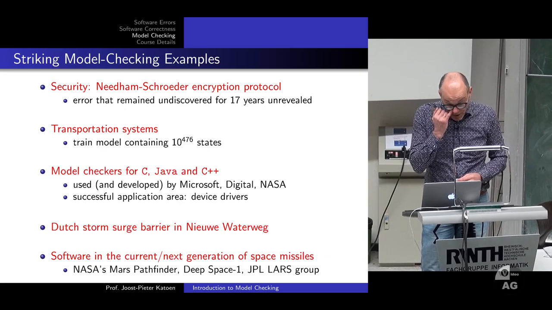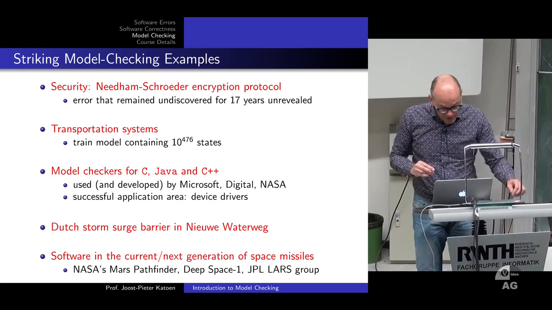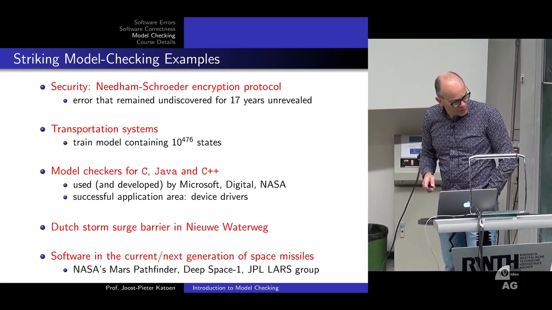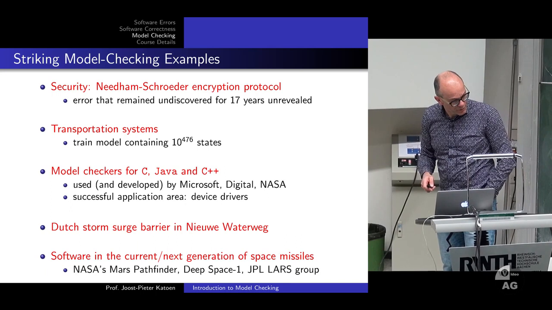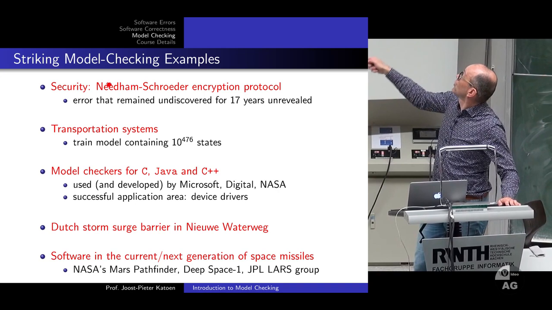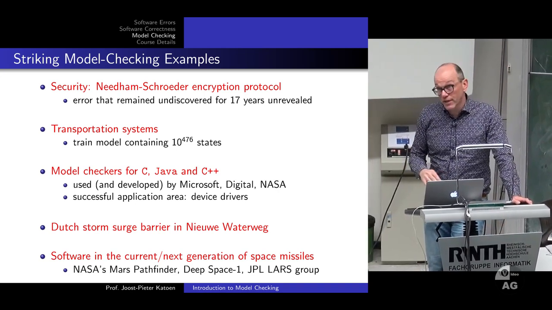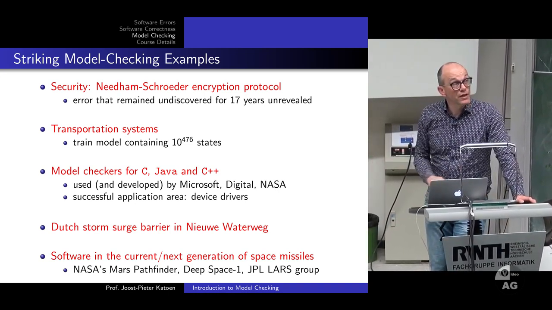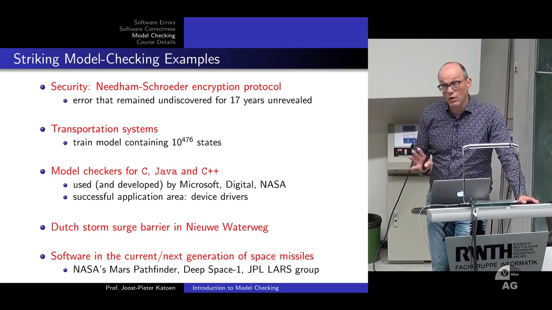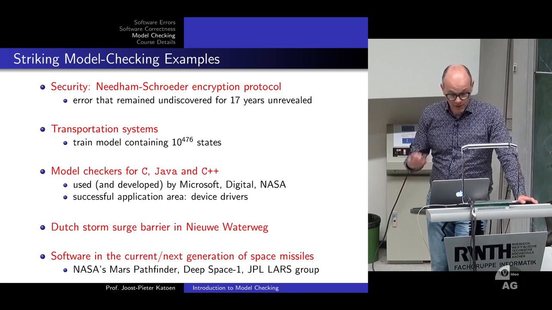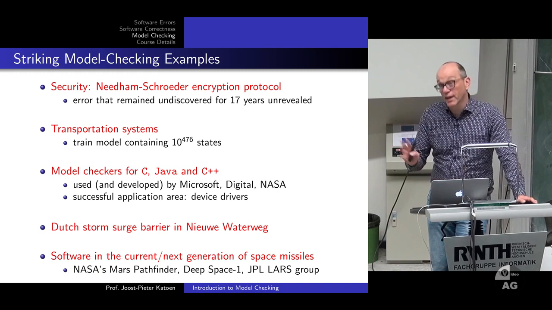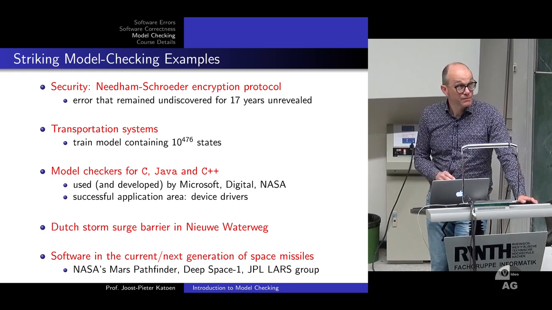The first example is an encryption protocol developed by Needham and Schroeder, in the early 80s, something like '79. This protocol has been extensively implemented, and after 17 years, Gavin Lowe, Oxford University, made a model of this protocol, did exhaustive model checking, and found a corner case that was a bug.